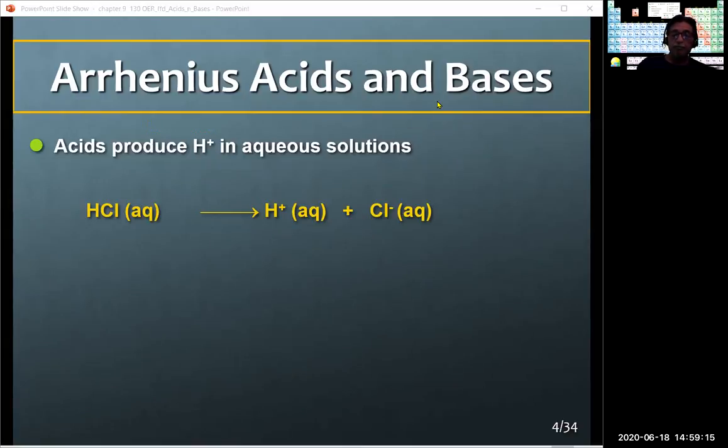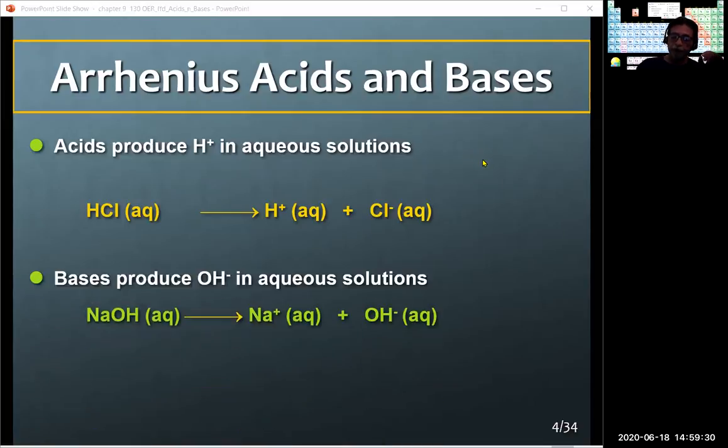By definition, any chemical that produces a proton, H plus, in solution is classified as an Arrhenius acid. And anything that produces a hydroxide ion is considered a base, specifically an Arrhenius base.